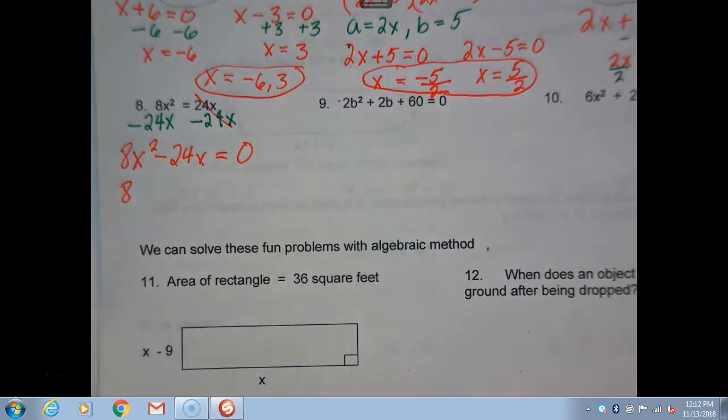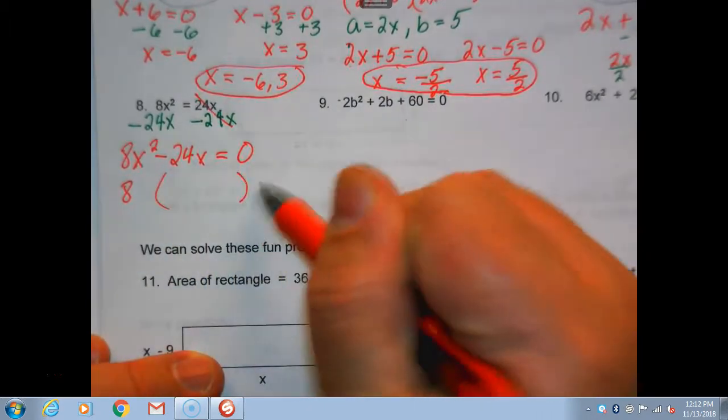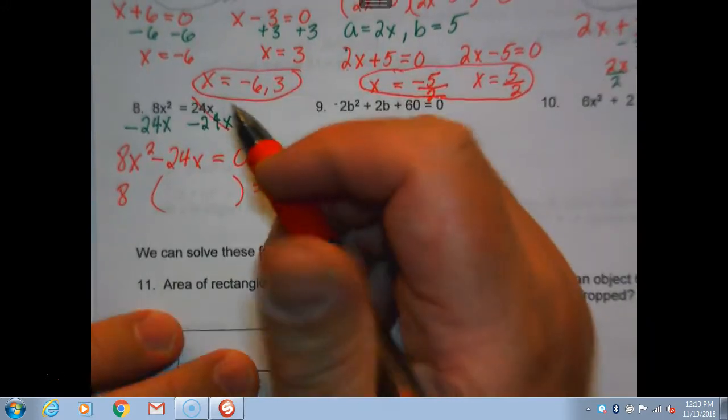Take anything else out? I could take 24 out. Is there anything else that you guys see in both terms I can take out? Like an x, right?